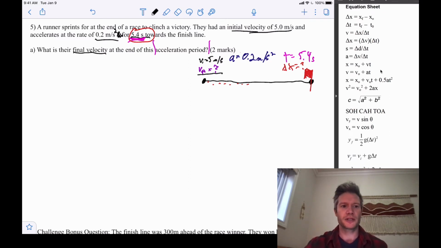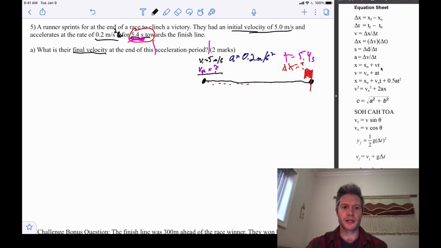Sure enough, we turn to these and we can start going through our checklist. What do we have? What are we looking for? What do we not have? So in this first equation, we see an initial and a final displacement. Sure, we could use that, if we wanted to know a change in displacement.